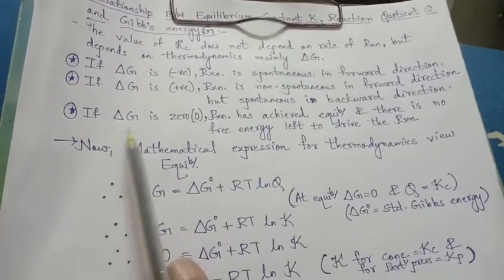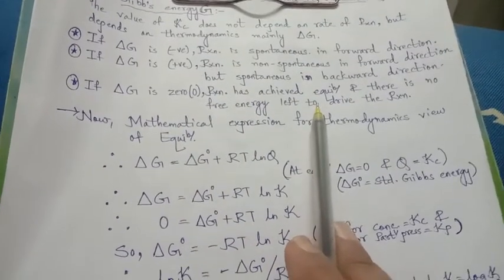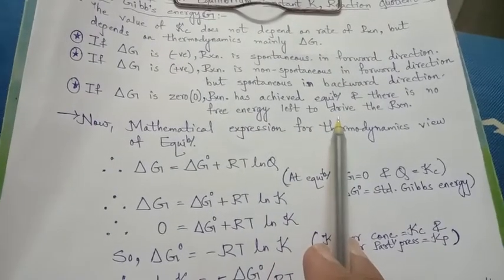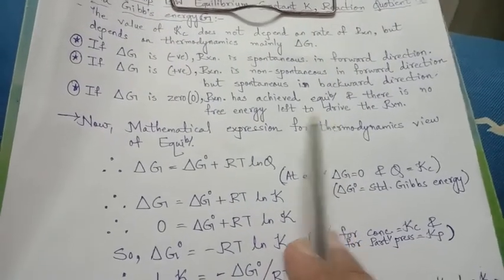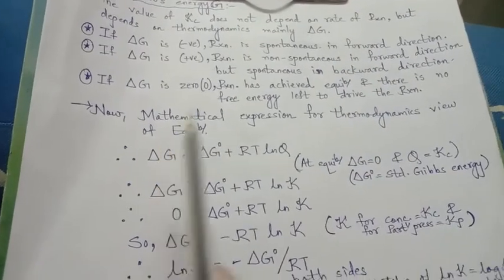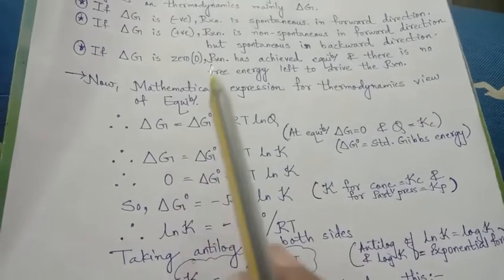And if delta G is 0, the reaction has achieved equilibrium and there is no free energy left to drive the reaction. To drive means to carry further, to proceed with the reaction. Let's see the mathematical expression for the thermodynamic view of equilibrium.